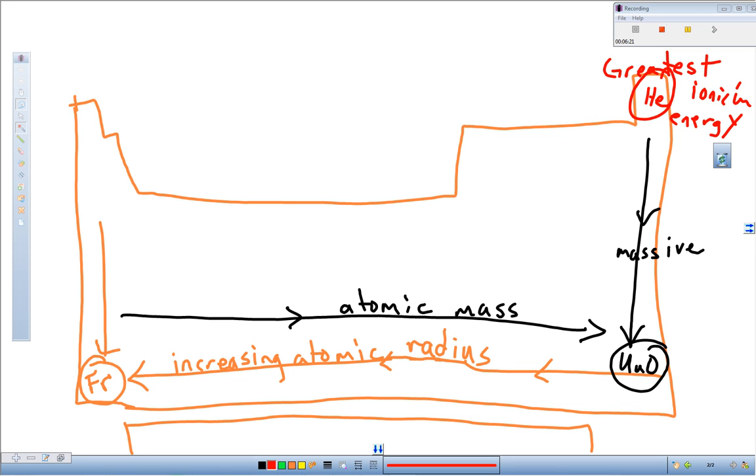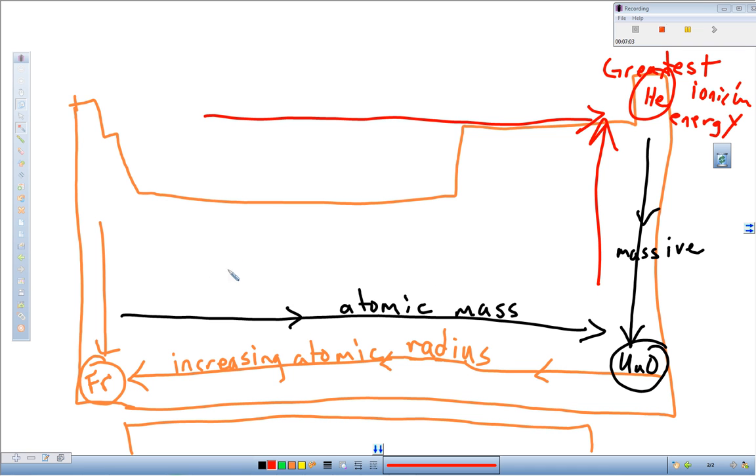Kind of like a mom with only 2 kids, instead of down here, francium's like a mom with 100 kids. It's pretty easy to pull an electron off of francium because she's got shell after shell. She has 7 shells, and way out there on the end of that 7th shell, there's a kid hanging out. She's not going to notice if she loses it, if I were to personify this. So the trend is greatest ionization energy is that way, and it's that way.